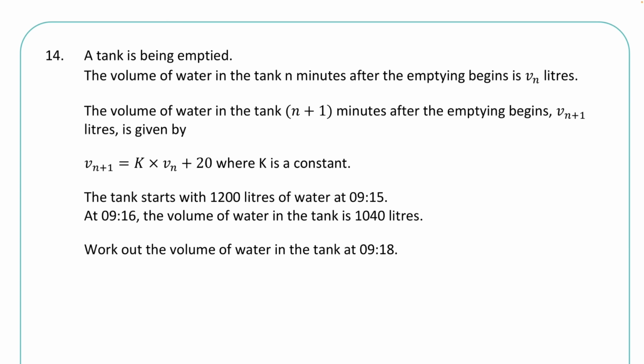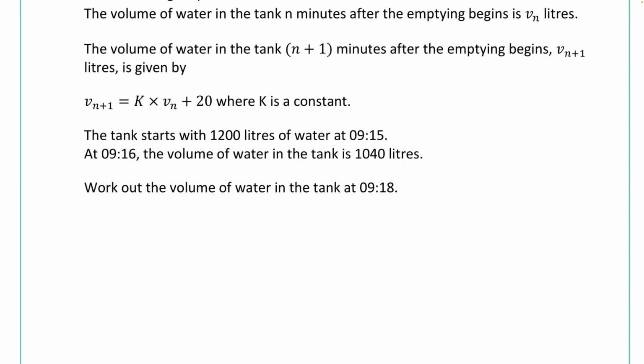It says the tank starts with 1,200 litres of water at 9:15, and at 9:16, so 1 minute later, the volume of water in the tank is 1,040 litres. Find the volume of water in the tank at 9:18. So for this, we are given the starting amount and the next amount for that first minute.